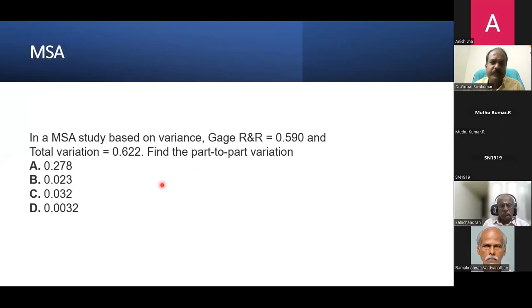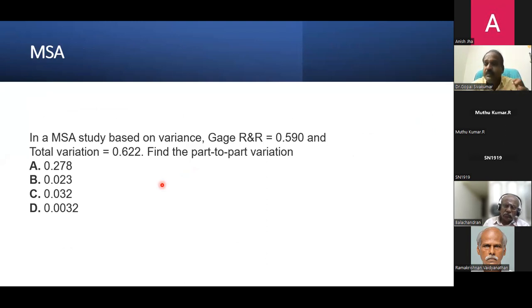Okay, in MSA, measurement system analysis, gauge study based on variance. Did we speak about gauge study based on variance as well as gauge study based on standard deviation? Every time you conduct a gauge R&R study, Minitab will generate two tables.